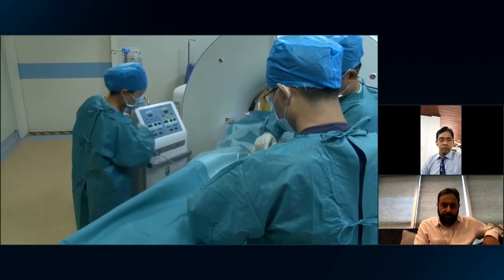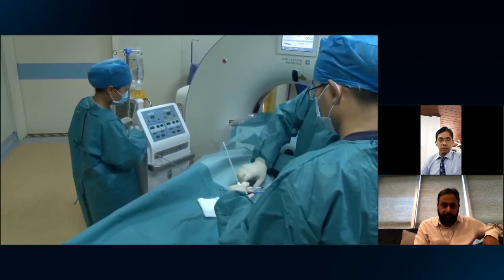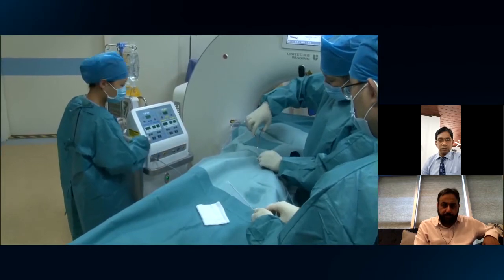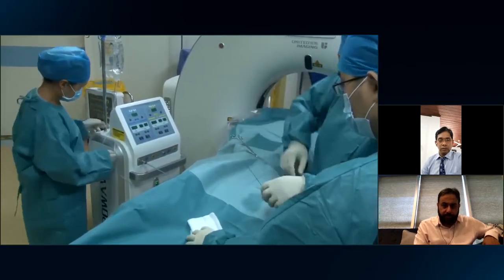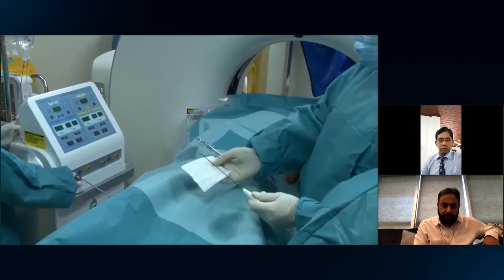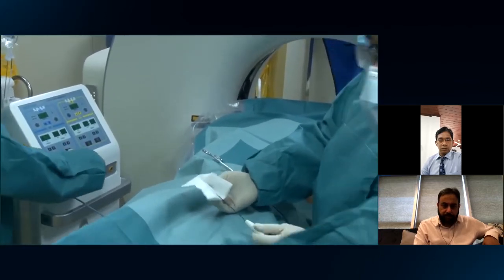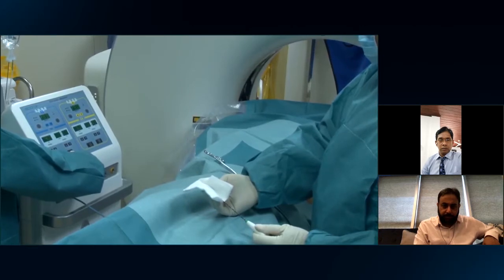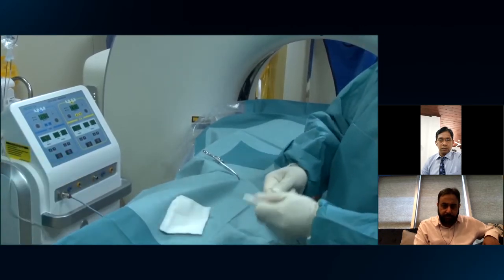What is the ablation zone you expect to get with this antenna? You mean the size of the ablation? Yes, with the specific antenna that you're going to use, what is the expectation?